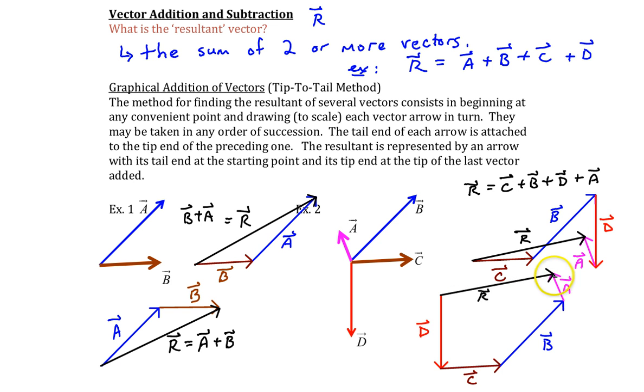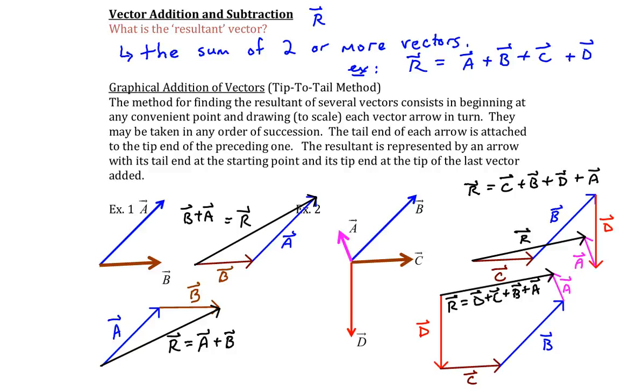If you compare this resultant vector to the other resultant vector from a different addition order, you'll find they're the same. So hopefully you believe me that if you reverse the order, it doesn't make any difference. Vectors can be added in any order.